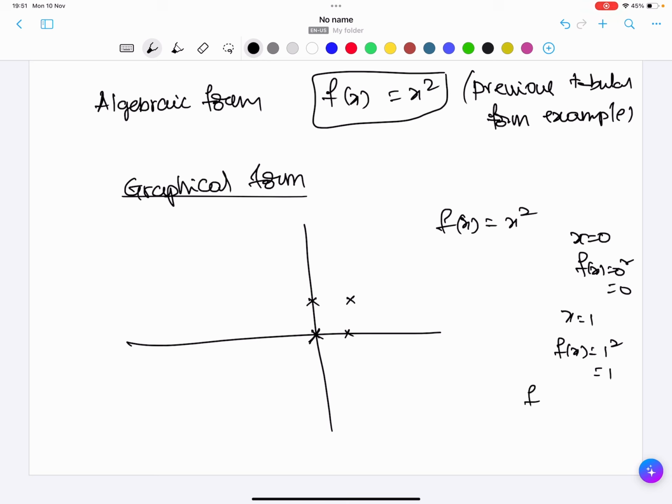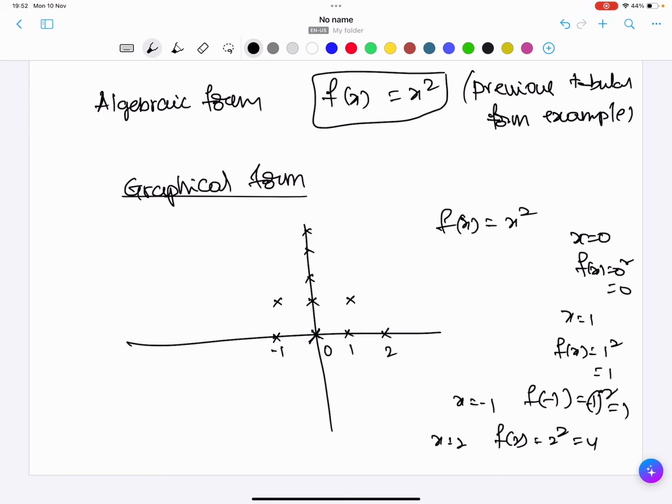And then f of minus 1 is equal to minus 1 whole square, that is 1. So x equal to minus 1 is somewhere here, and the output is at the same height. Then look at the x equal to 2 location. f of 2 is equal to 2 square, which is 4. Therefore, 2, 3, 4 vertically, and horizontally 0, 1, 2.